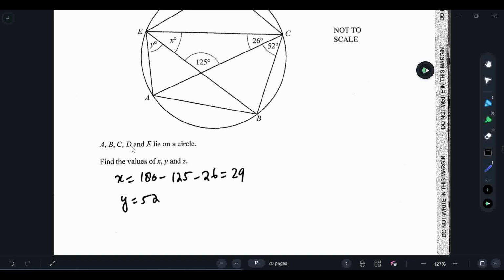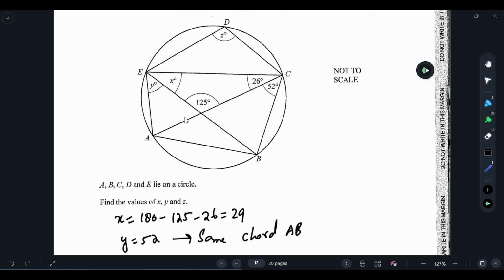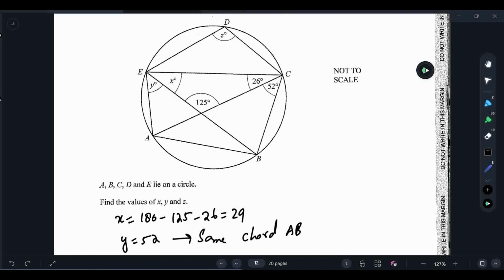This 52 is from the same chord AB. We can see that these two angles are from the same chord, so they should be the same. I hope that this is clear.